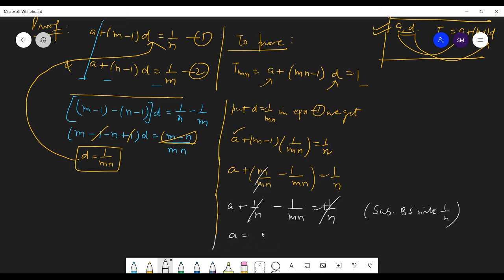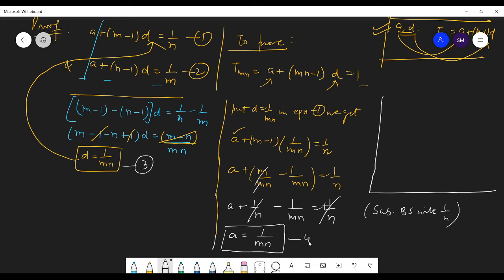And what will A become? This side is 0, so this negative will become a positive. So A is equal to 1 upon MN. So that's the value of D, equation 3. This is 4.